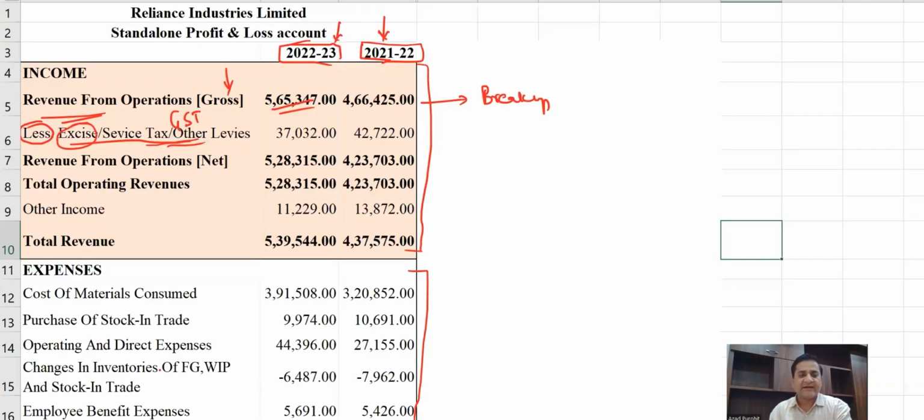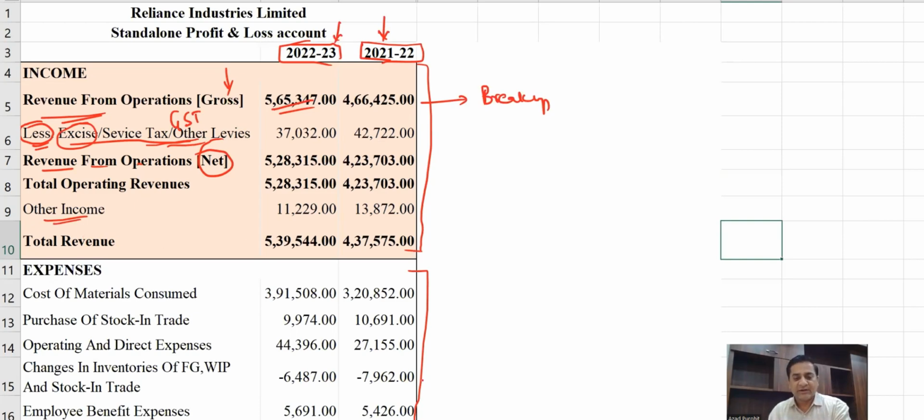Once I deduct or adjust these excise and taxes, what is left with me would be the revenue from operations, which is net of all the expenses related to taxes, right? Then to this, I need to add my other incomes.